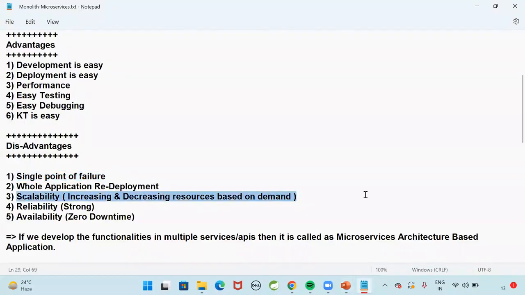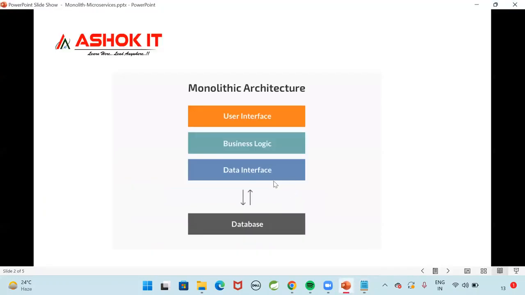The next one is scalability. If you have all the functionalities in one application, so many people will be accessing your application. So many requests will come, and the load will increase on the server.